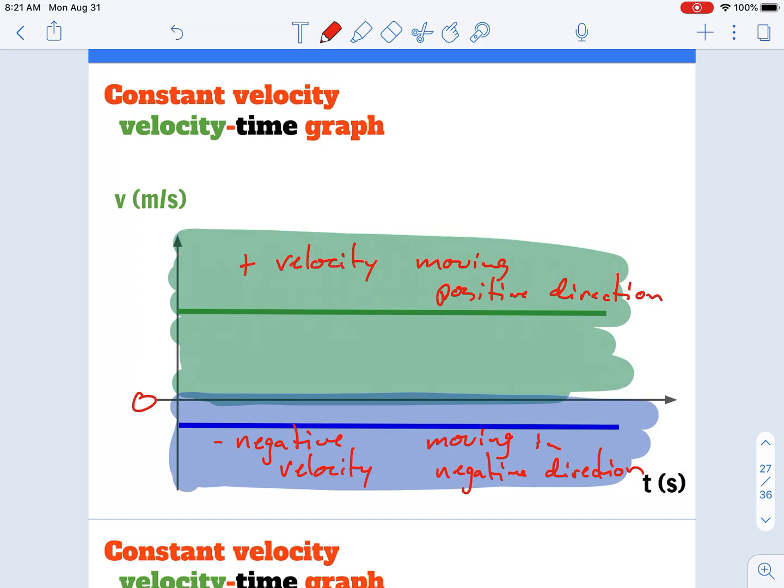The other thing that we're going to pay attention to is how close our line is to the zero velocity. Keeping in mind, a zero velocity means that we're not moving. The farther we are from the zero line, whether it's positive or negative, the faster we're going.